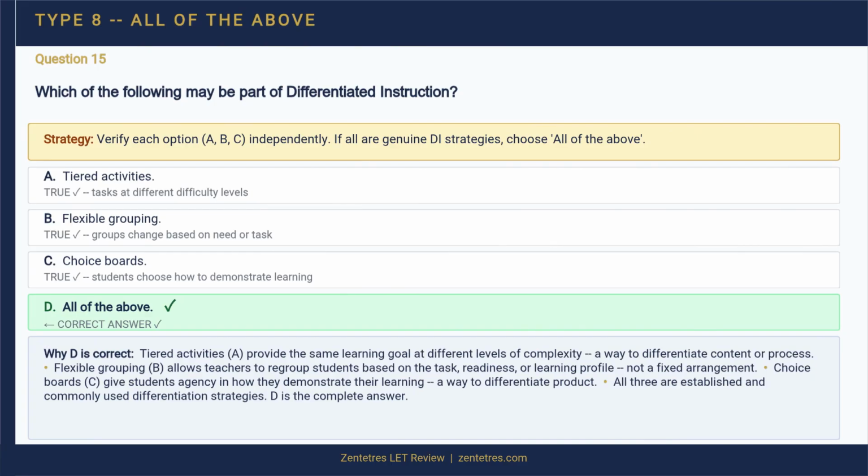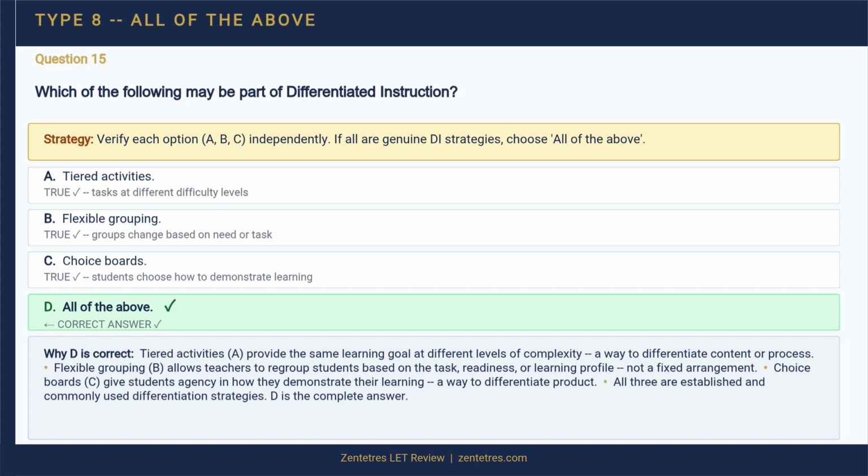Type 8. All of the above. Verify each option. A. Tiered activities. Yes, the same learning goal is presented at different levels of complexity or depth, giving each student an appropriate level of challenge. B. Flexible grouping. Yes.